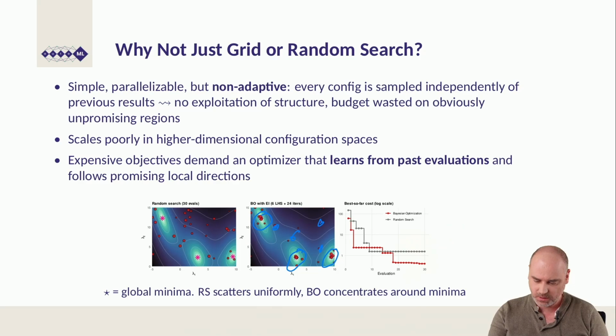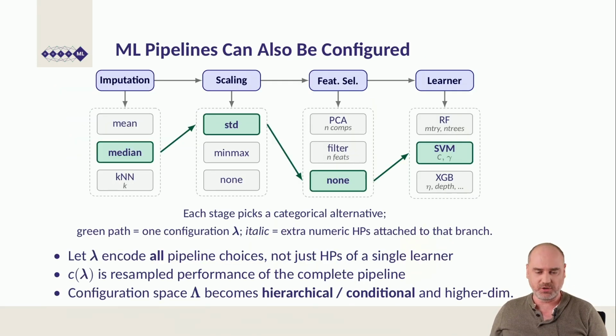Okay, maybe a few words about full machine learning pipelines. So these can nicely also be configured by Bayesian optimization. In that instance, we would have our configuration vector lambda here encode all pipeline choices. So not just the hyperparameters of a single learning algorithm, but all of the hyperparameters of the complete pipeline, potentially even including different operation choices.